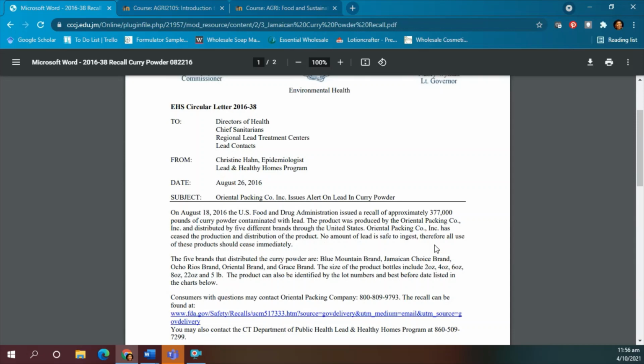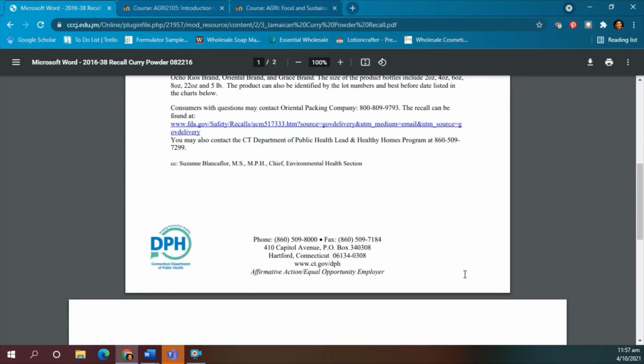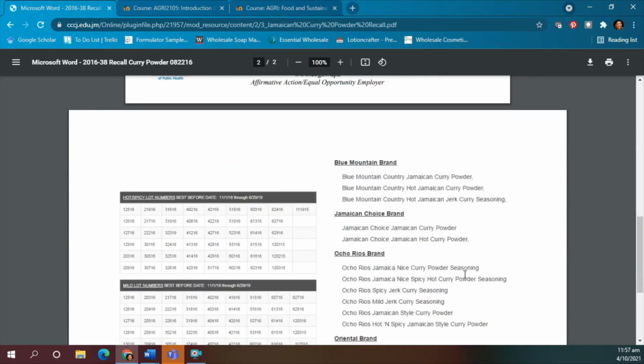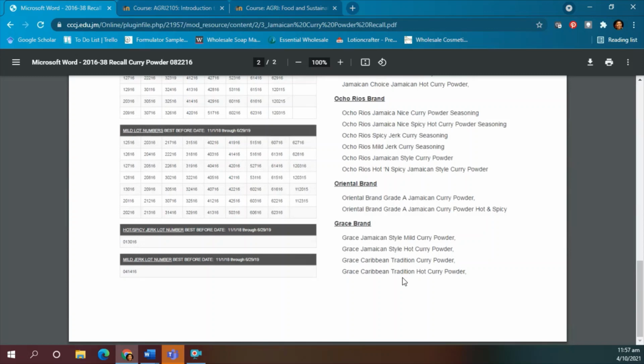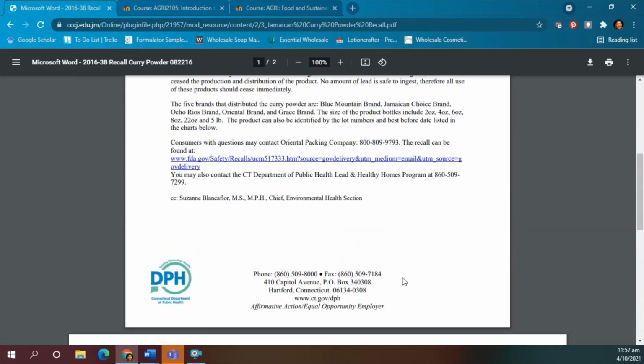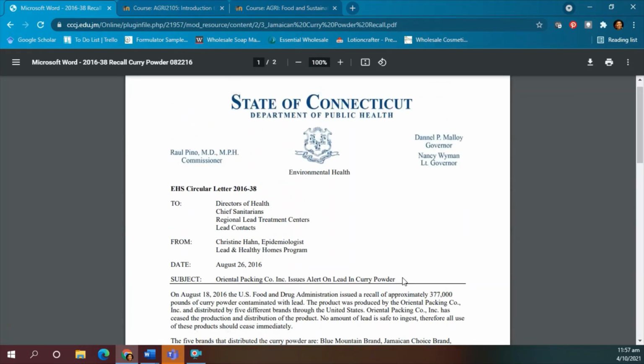advising relevant personnel that in August 18, 2016, 5 brands of curry powder, and these are Jamaican-based curry powders, were recalled due to concerns of safety of the particular items. And this is the actual circular that's available, and this is a very useful resource.